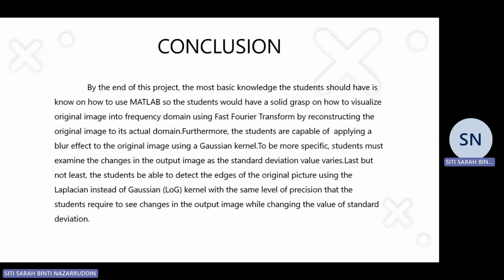To be more specific, students must examine the changes in the output image as the standard deviation value varies. Last but not least, the students will be able to detect the edges of the original picture using the Laplacian of Gaussian kernel, while observing changes in the output image as the standard deviation value changes. That's all from me. Thank you.